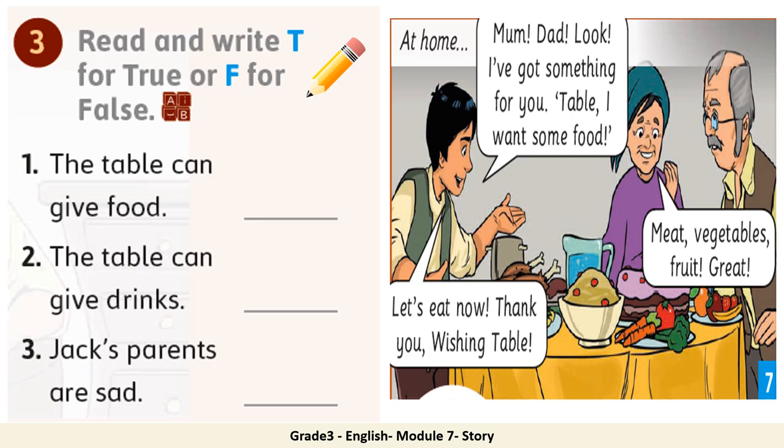Read and write T for true or F for false. Number 1. The table can give food. Number 2. The table can give drinks. And number 3. Jack's parents are sad. Now pause the video and answer this activity.